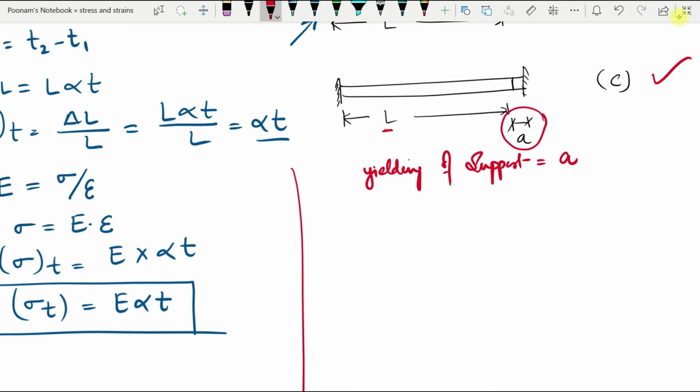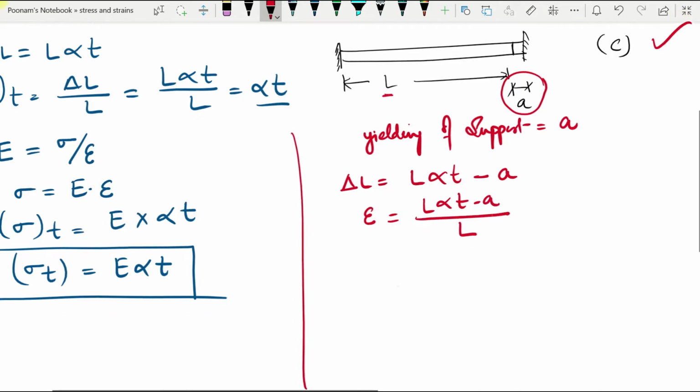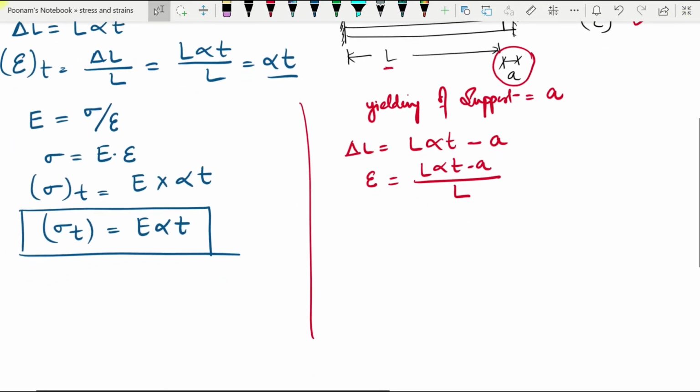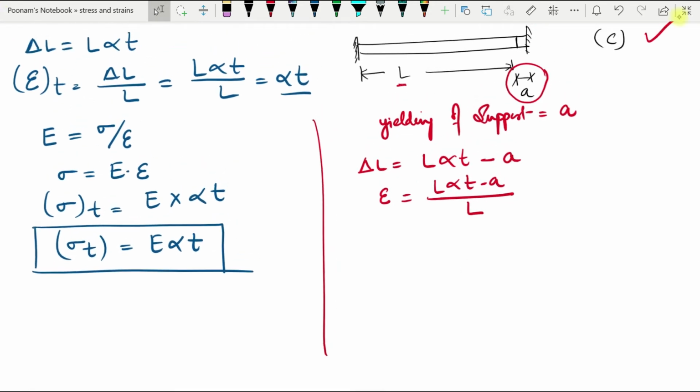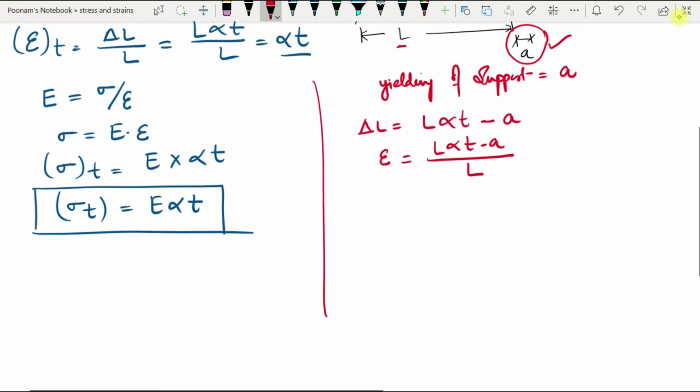Then the final change in length will be L alpha delta T minus A. So again we can calculate strain, which will be L alpha delta T minus A divided by L, change in length by original length, and we can calculate the temperature stresses beyond this expansion A. The temperature stress will be given by sigma T is equal to Young's modulus into strain.